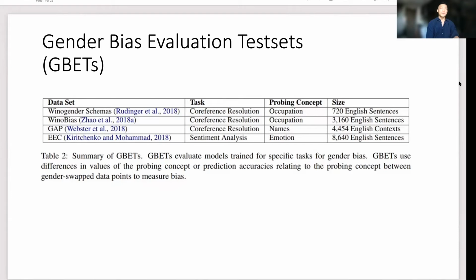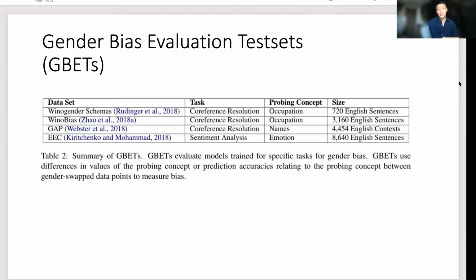Okay. And they also have a sentiment analysis task. So you could probe it with emotion. On the third axis, on the third column, sorry, they have probing concepts. What does that mean, right? We could basically probe it, like trick the system, like whether he will be more likely to be resolved to a doctor or not when it's kind of ambiguous from the sentence, or she is more likely to be resolved to a nurse, for example.